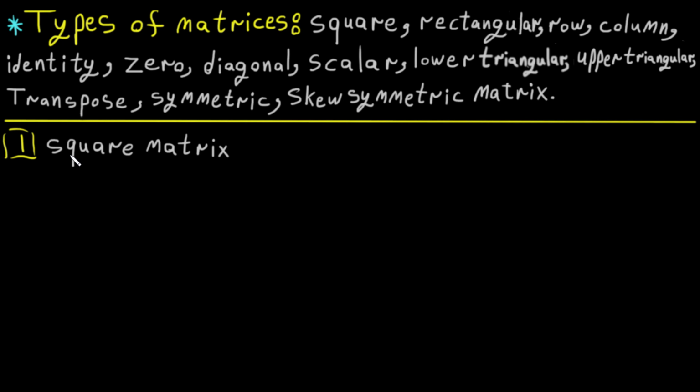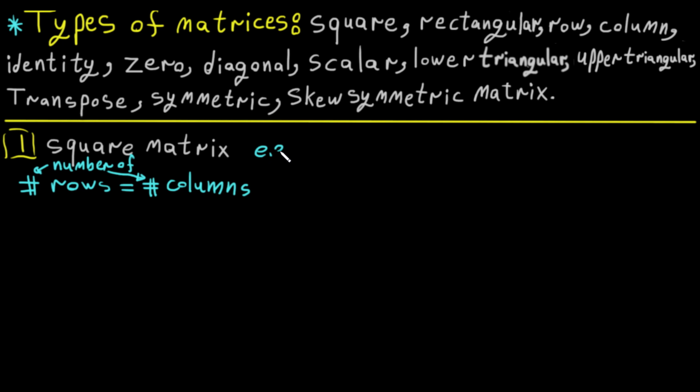So here the number of rows equals the number of columns. So for a square matrix, the number of rows is equal to the number of columns.